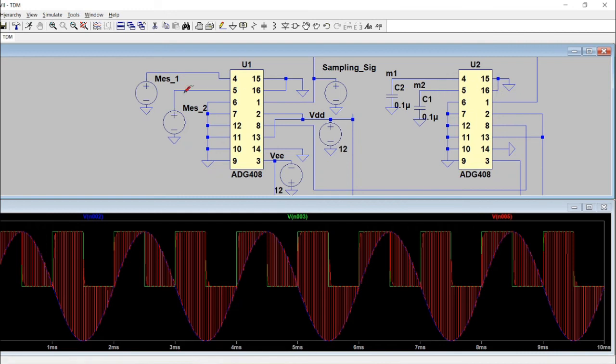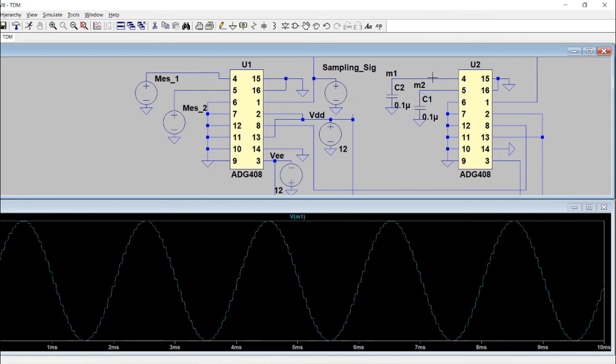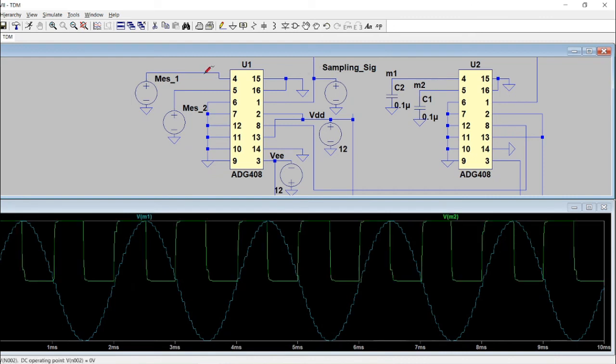Now 4 and 5 are outputs here, not inputs. A capacitor is connected so as to filter the high frequency carrier, or the sampling signal. So now you can see this is our sine wave, this is our square wave. You can compare these with the original waveform.